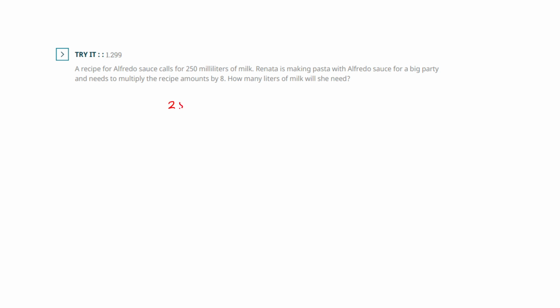Okay, so we're multiplying this by 8 first of all. So it's in milliliters. Got a big party coming on, so we're going to do this. Oh no, it's not 1,000. It would be 2,000. All right, so it's 2,000 milliliters.